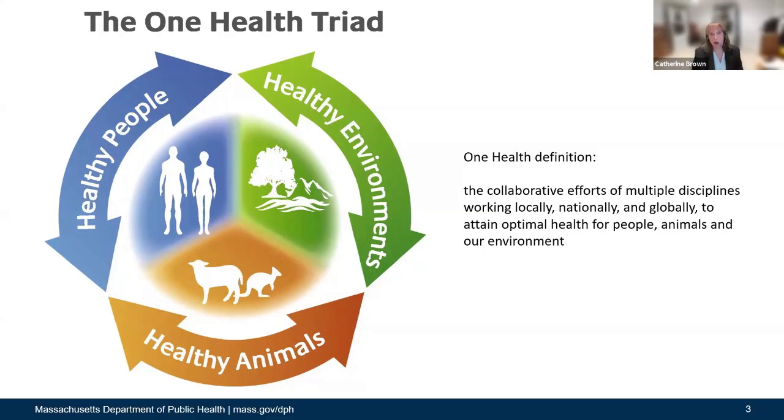What we are striving for as we work together is optimal health, not just for the human component of the world that we live in, but optimal health for people, animals, and our environment. That is what it takes to practice One Health: all of the disciplines working together with the same shared goal of improving the health of each of these components. So I hope that makes sense.